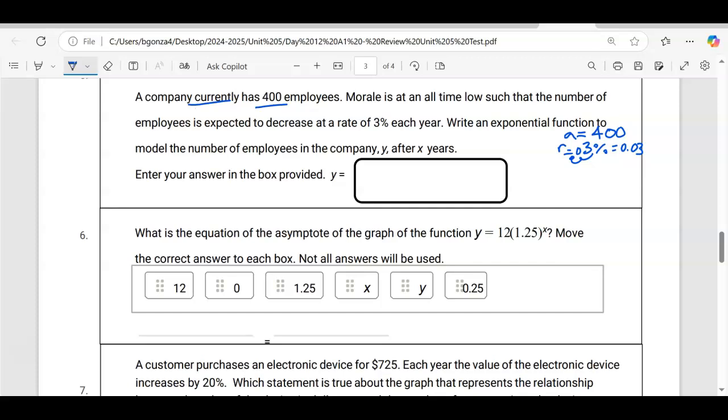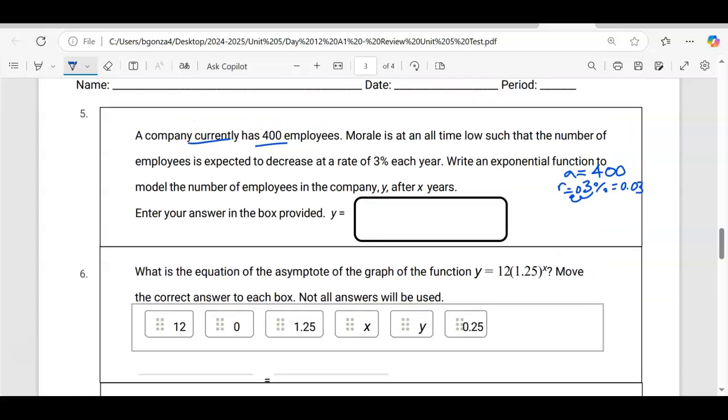Well, just like last time, my function is y equals a times 1 plus or minus r to the x. And again, when I see the word decrease, I'm subtracting. So y equals a, 400, and then 1 minus 0.03 to the power of x.